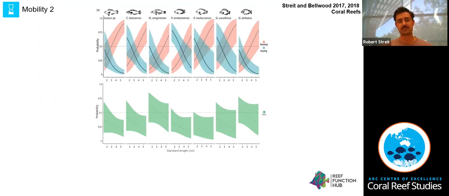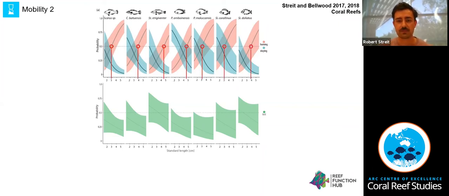That had a really nice inverse trend to homing. So what this tells us is that when fishes are small and you put them somewhere else, they're more likely to stay there. But as they grow up very quickly, they become likely to come home. This might be because they develop sensory abilities or an inherent will to come home, but we see that shift in their behavior as they grow.